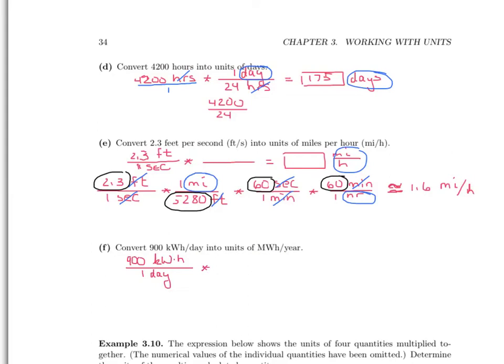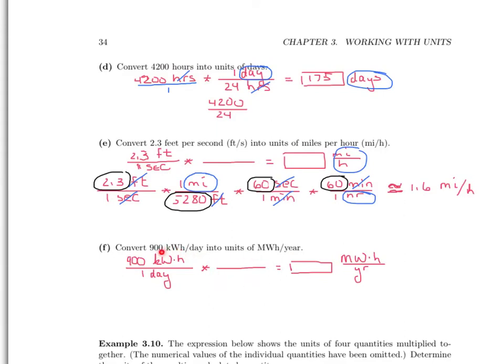We need to multiply this by a certain conversion factor that will ultimately, in the end, give us a certain numerical value with units of megawatt hours per year. So now the big question is, what is this conversion factor?